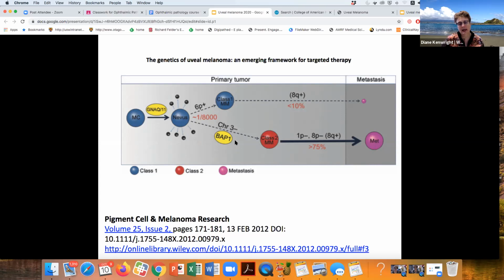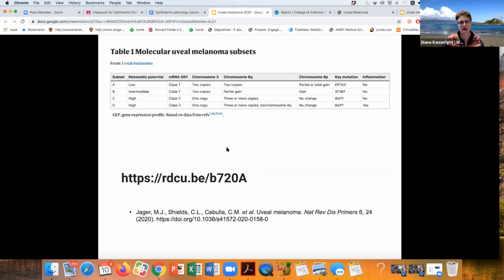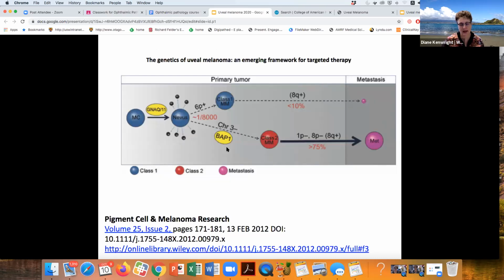This immunohistochemistry, BAP1, actually stands for BRCA-associated protein, and it now means that we can tell whether or not this tumor is going to behave aggressively by doing an immunohistochemical stain. BAP1 is located on chromosome 3 and will be mutated, i.e. will stain brown, in tumors that have a chromosome 3 mutation.